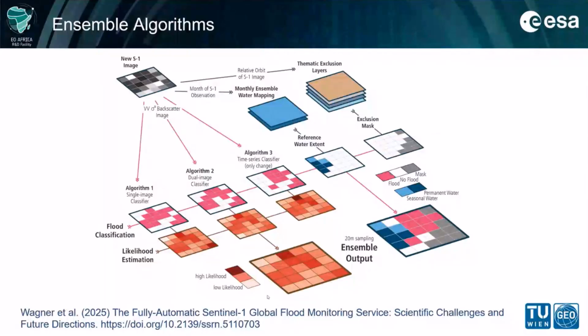These likelihood values are then combined in one separate stream in a flood likelihood image as an ensemble. And the binary classifications are then also combined with all the exclusion masks to create an image that shows permanent water, seasonal water, masked areas, and the decision flooded or not flooded.